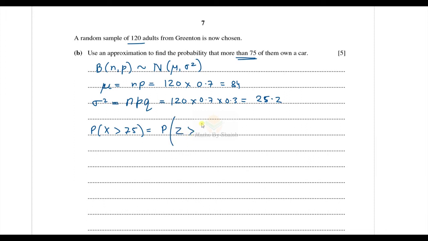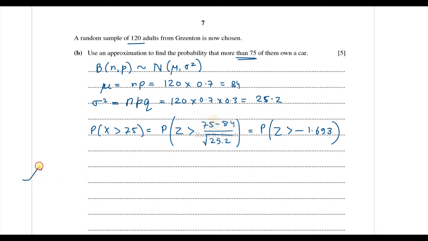It is going to be x minus mu over sigma, not variance. Here we apply sigma, the square root of variance. So 75 minus 84 over the square root of 25.2, which simplifies to z greater than minus 1.693.